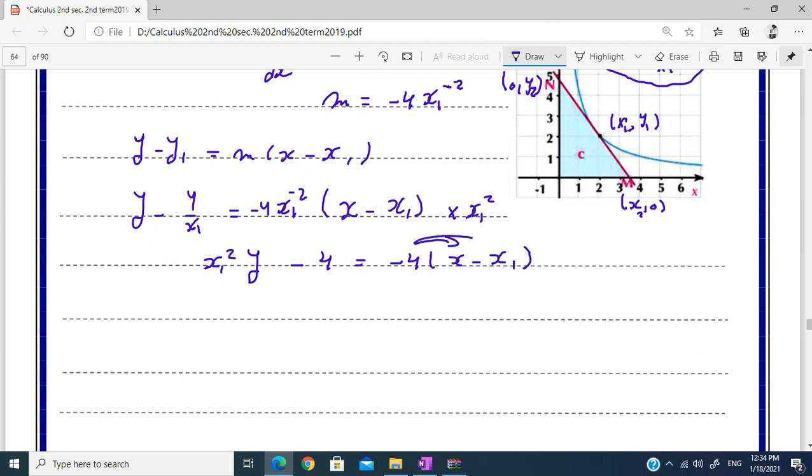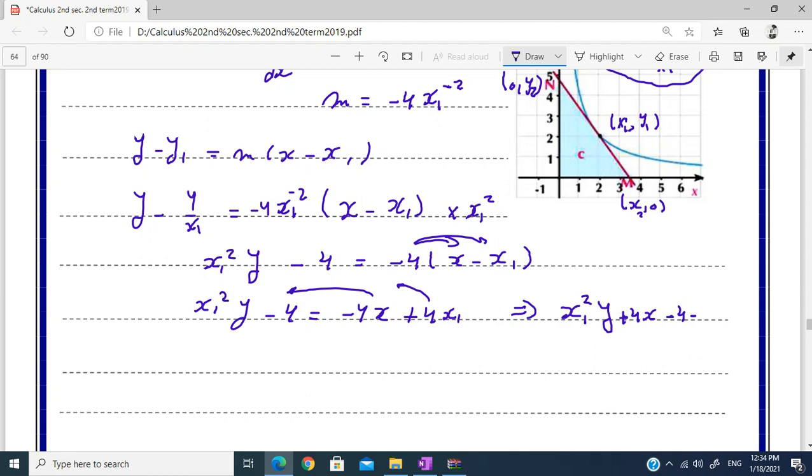Distributing negative 4: x1 power 2 y minus 4 equals negative 4x plus 4x1. So the equation of the tangent is x1 power 2 y plus 4x minus 4x1 equals 0.